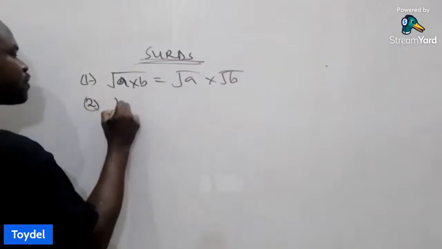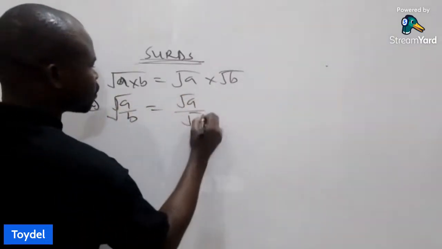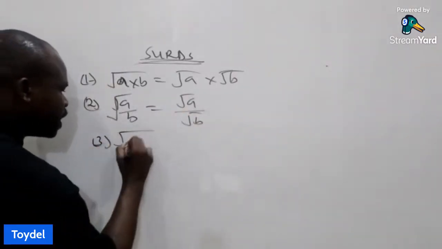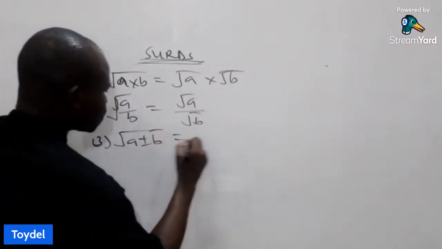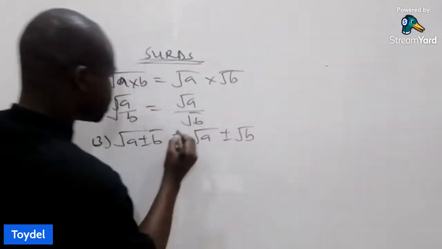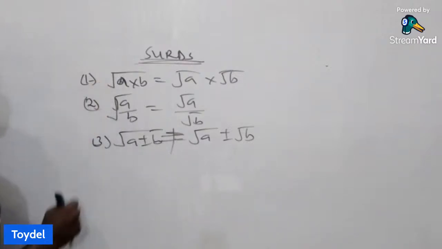Then if you have the square root of a over b, it is the same as the square root of a over the square root of b. But if you have the square root of a plus or minus b, you can't split this. You can't say it is the square root of a plus or minus the square root of b. This is not possible. It only works for multiplication and division.